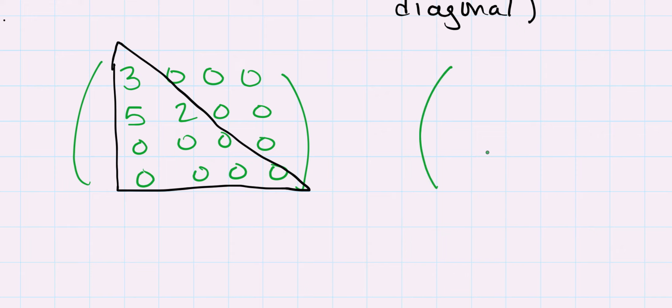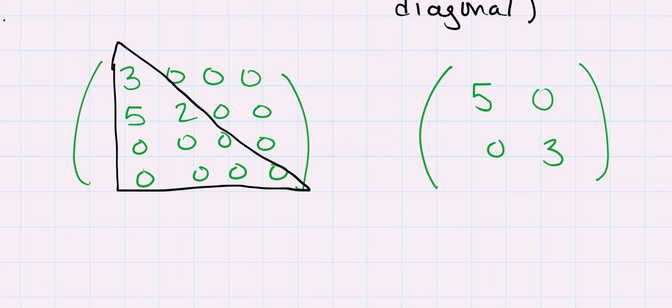What about this matrix? What kind of matrix is this? This is actually a lower, an upper, and a diagonal matrix. That's because, well, first off, obviously it's a diagonal matrix because it has zeros everywhere except the diagonal.